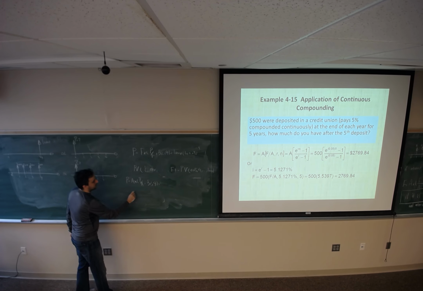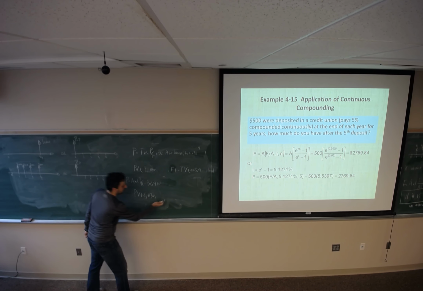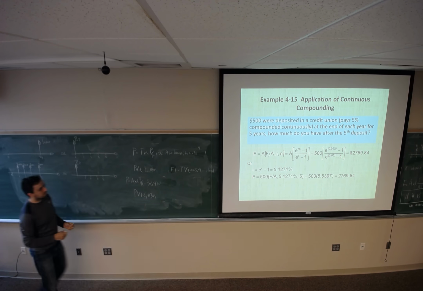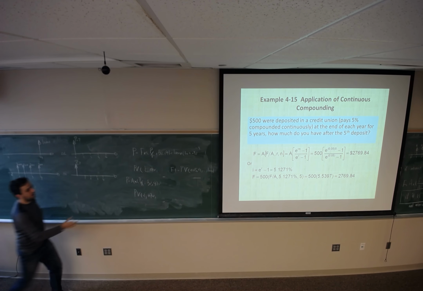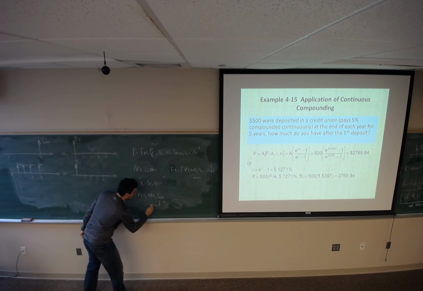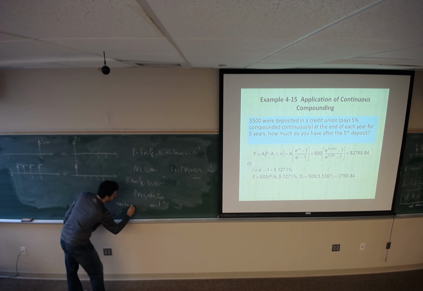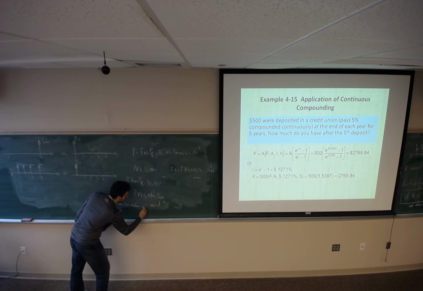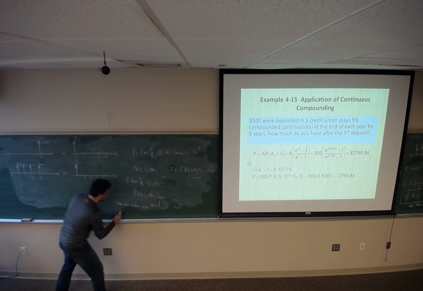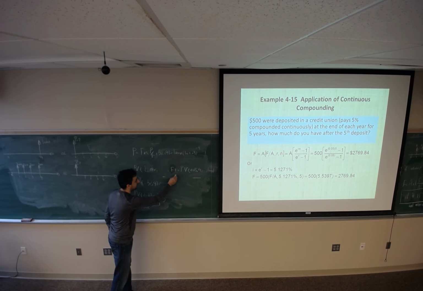On the Excel sheet, you can use PV, I, NPER. This term that we have right there is called PMT, or value for uniform series, or A, whatever is the A. In this case it is 200, and then we are going to have future value.